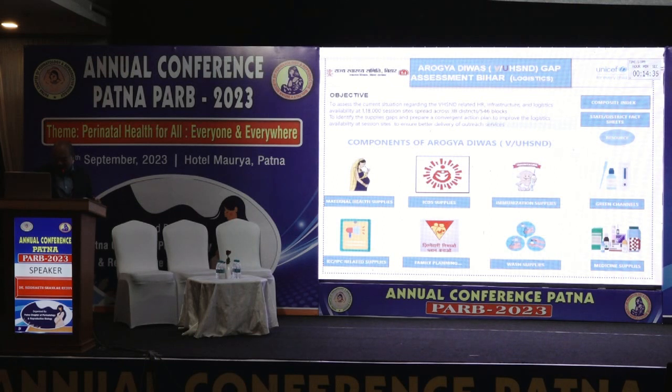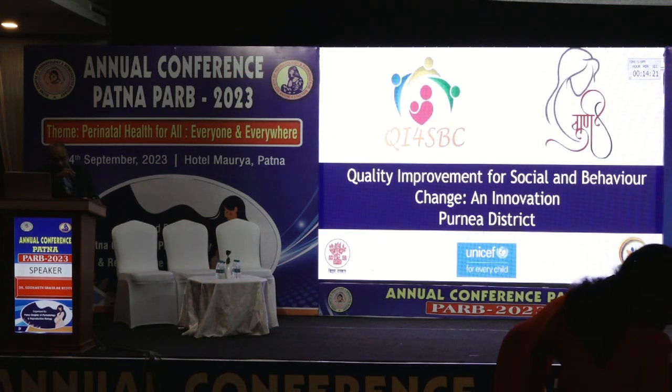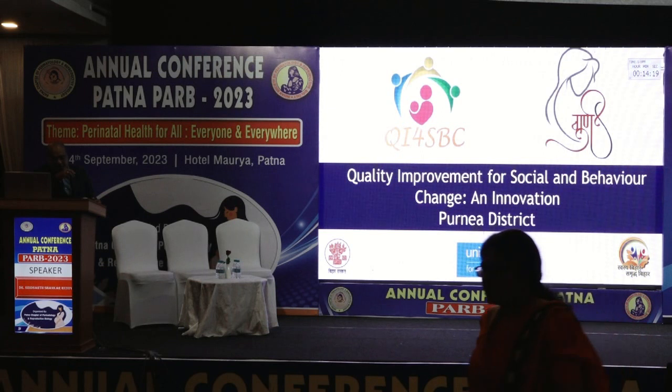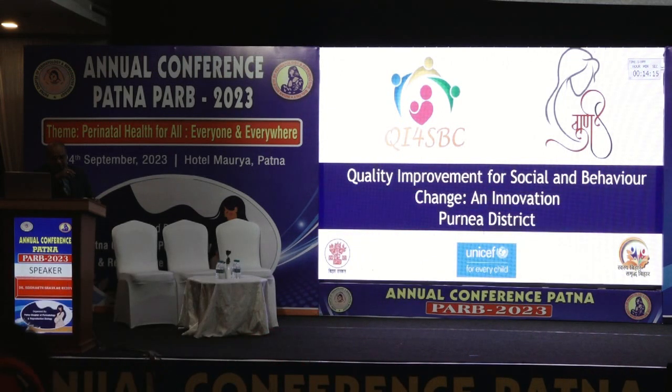This special gap assessment was conducted around the month of May 2023, and based upon these gaps, the Chief Secretary of Bihar immediately called a meeting with all the departments, and he directed all the departments to address the gaps related to logistics and human resources, and those were immediately addressed.